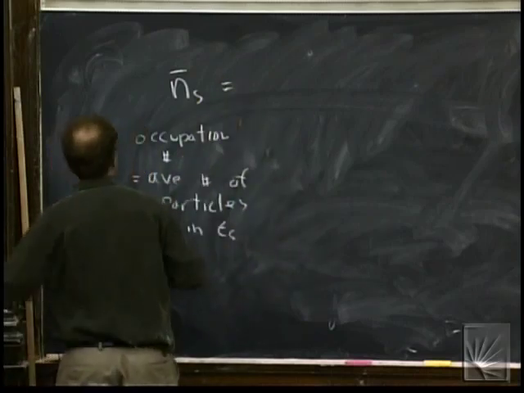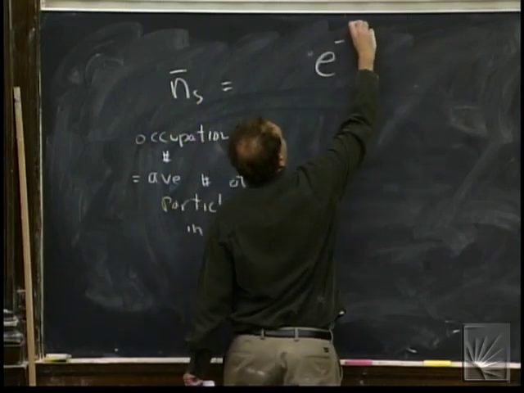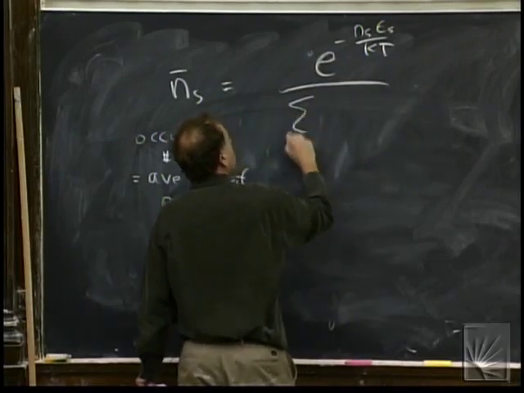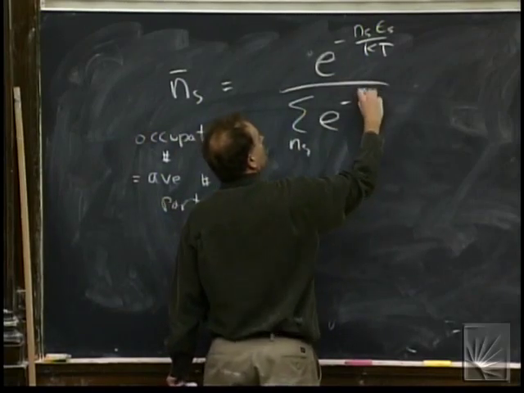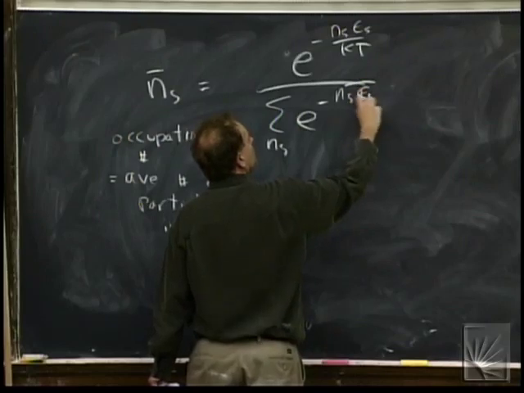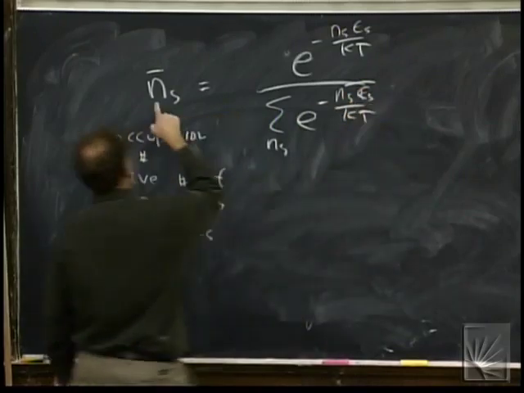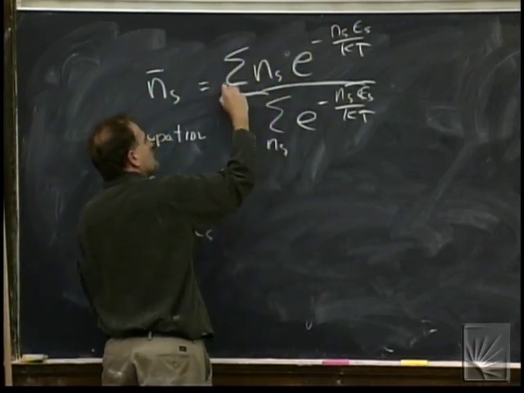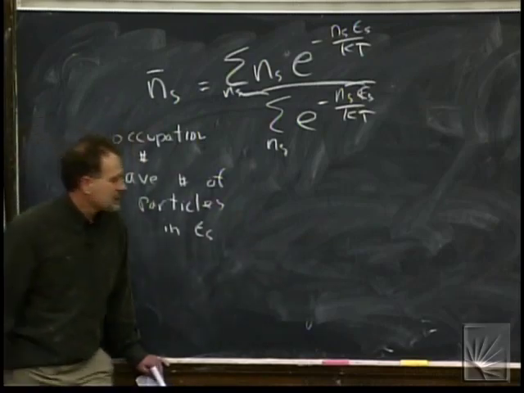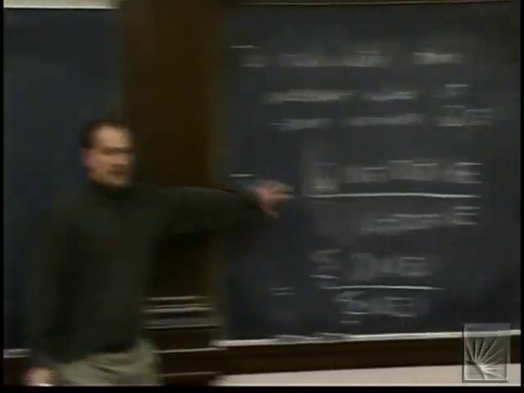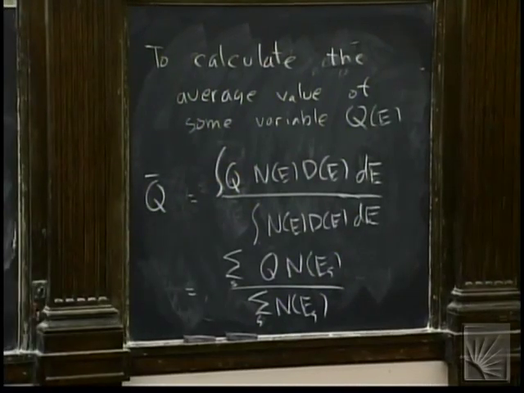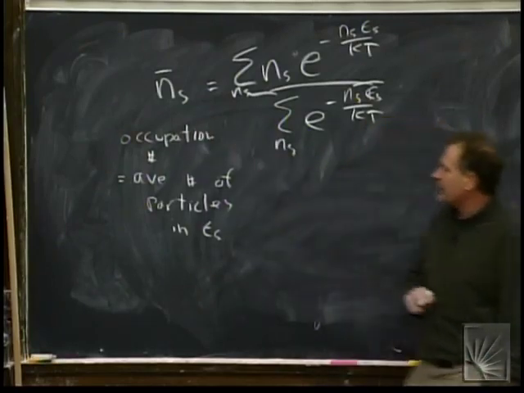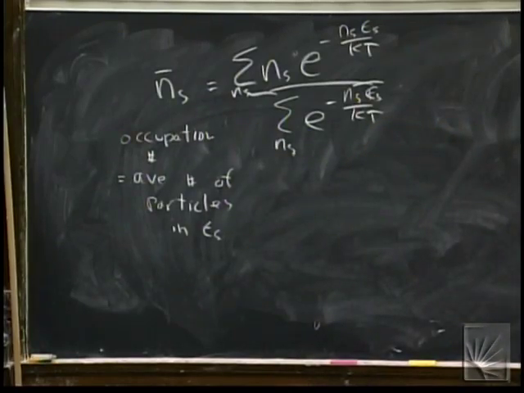It's got to be just the probability of having n sub s in this state, for which this is the Boltzmann term with the normalization written explicitly. But if I'm averaging a thing like a number, I write the number down and I sum over possibilities. That's exactly analogous to this. Here, my function is q in a way, although I'm not quite at doing q, I'm still just figuring out what the number is. So that's what it is.